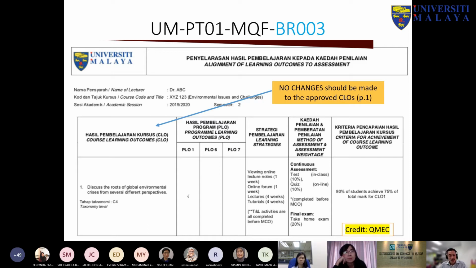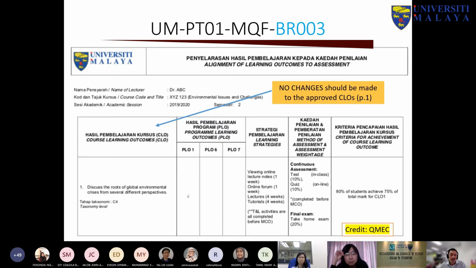So, where was I? When we do the design for the learning outcomes and the learning for the students next year, in the SLT forms that I showed in front of you here, please make sure that you avoid as much as possible changes from the approved CLO.